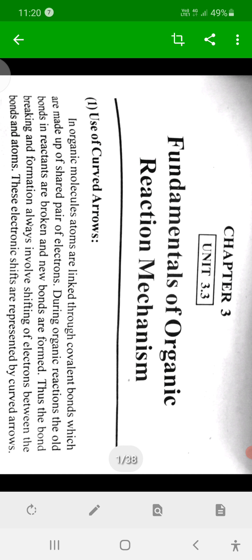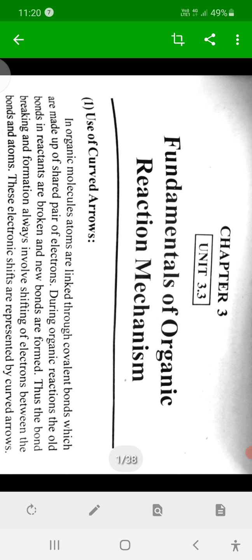Then reaction mechanism is nothing but the study of these processes, that is, which bonds break and which new bonds are formed in that process, and whether the old bonds break first and then new bonds are generated, or new bonds are generated first and old bond breaking takes place.